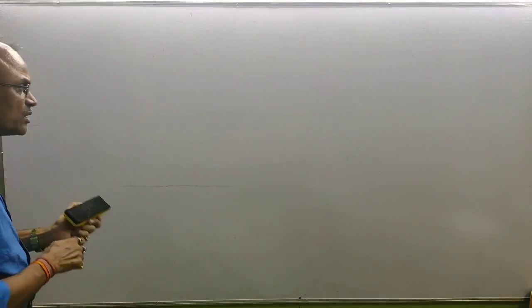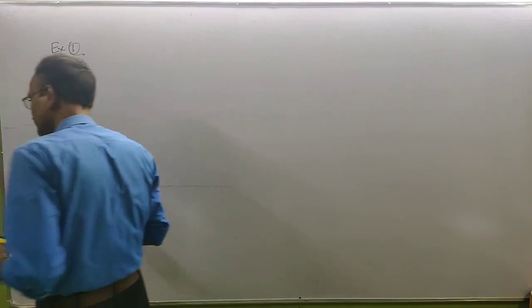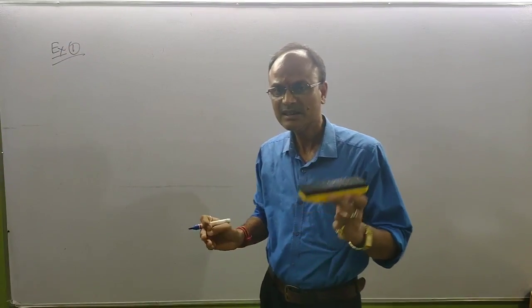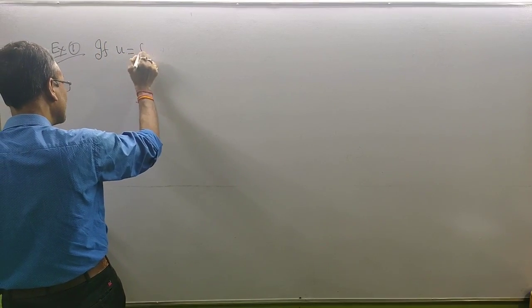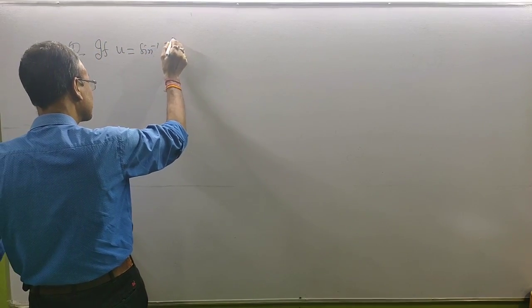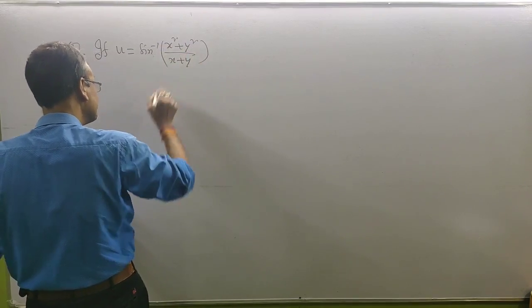Now, problem number 1. Suppose u equals sine inverse of (x square plus y square) divided by (x plus y).